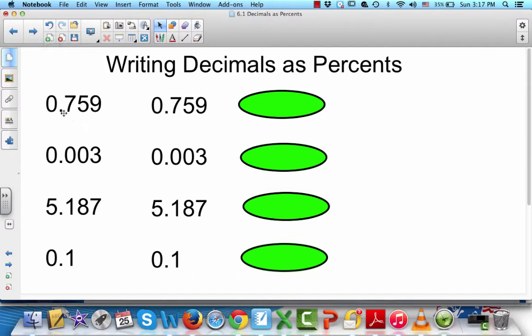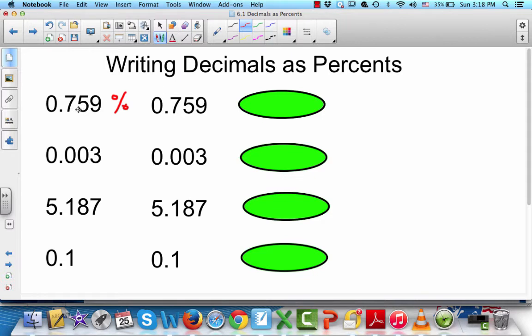You see this is 0.759. We want to change it to a percent. Okay, so we're going to go from 0.759 to a percent. Now, where is the percent sign going to go? Yeah, the percent sign goes over here on the right side.